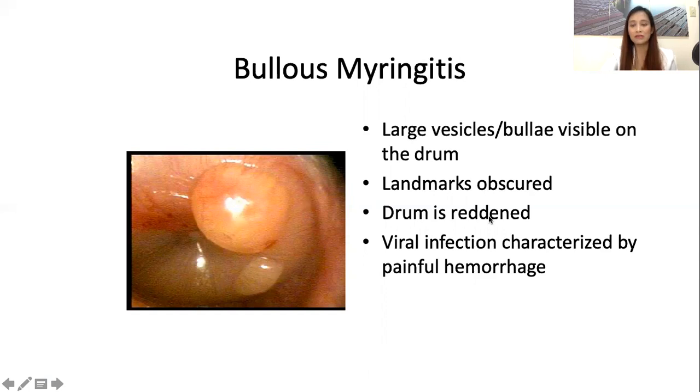So this shows the large vesicles or bullae visible on the eardrum, and you will not be able to see anymore your landmarks, your short and long process of the malleus. And you can also see that the drum is reddened. You see the prominent blood vessels. And this is usually caused by a viral infection and can have painful hemorrhage as well.